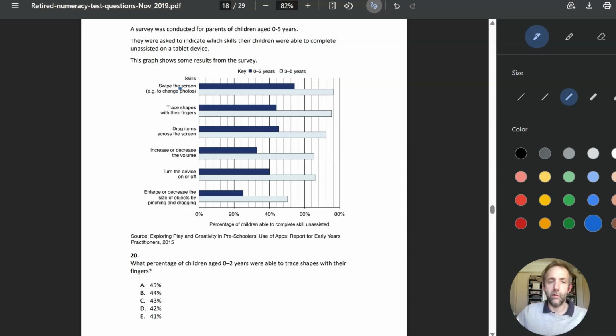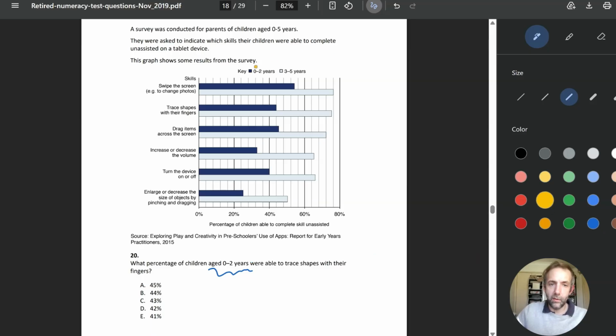So swiping the screen, this shows us who would be able to do that. Trace shapes with their fingers. We've got 2 bars again to show us how many children would be confident doing that, and so on and so forth. So it says, what percentage of children aged 0 to 2 were able to trace shapes with their fingers?